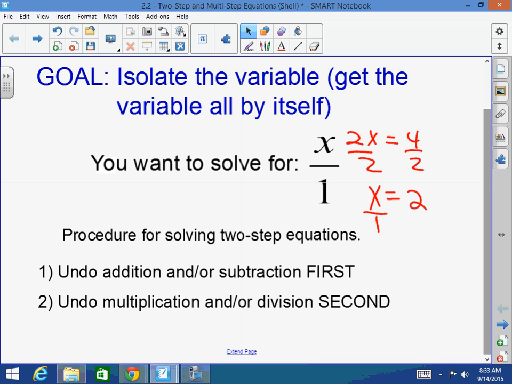Once that is complete, you're going to be left with a number that's either being multiplied or divided to the variable, and you're going to undo any multiplication and/or division second. And then that's it. You're done. Two-step equations are pretty easy. Just like they're stated, it's two steps.